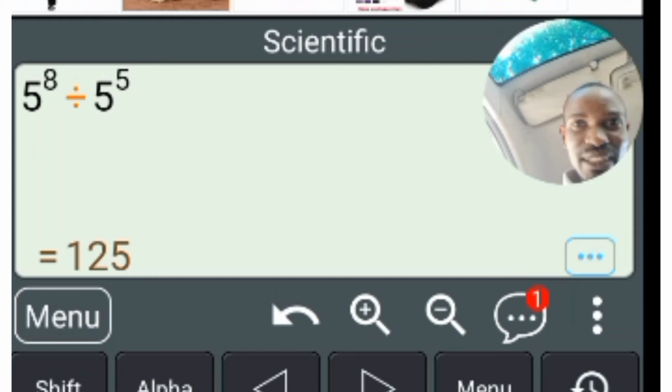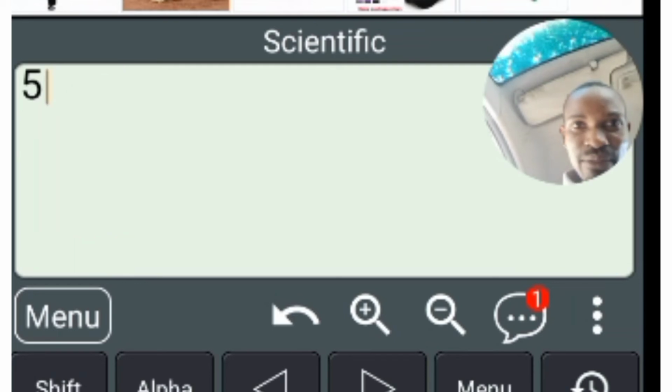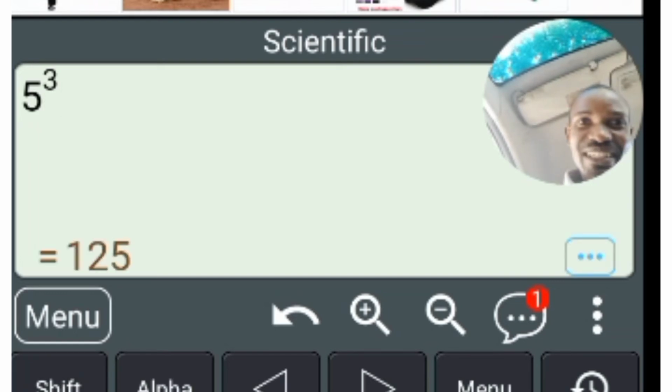Since the bases are the same, 5 divided by 5, punch in only 5, and then we subtract the indices, which is 8 minus 5, which is equal to 3. 5 cubed, okay, let's have a look at that. 5 cubed, the answer is, wow, the answer is the same, 125. It's the same as 5 to the power 8 divided by 5 to the power 5.